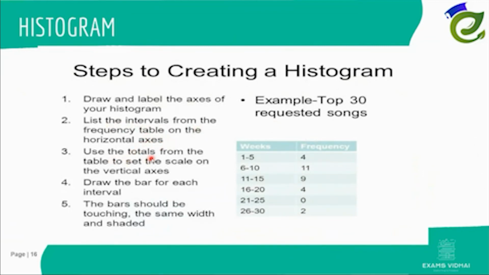Use the totals from the table to set the scale on the vertical axis. Draw the bar for each interval. The bars should be touching, the same width, and shaded. So this would be the frequency table. According to this, you would be constructing the histogram.